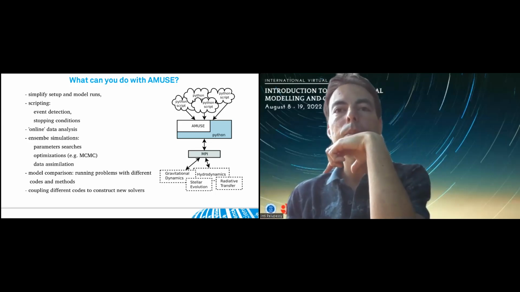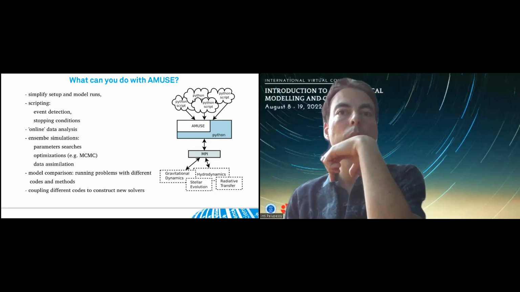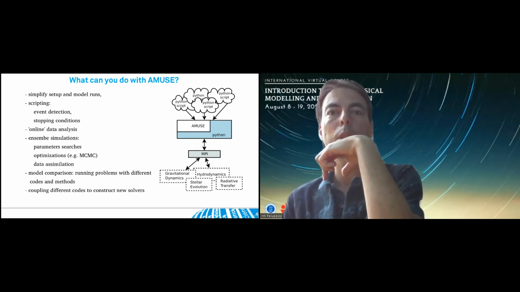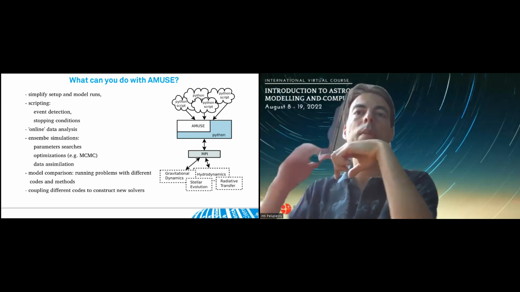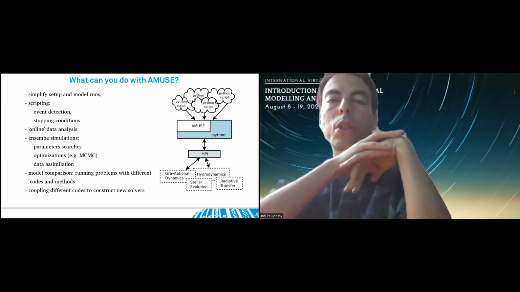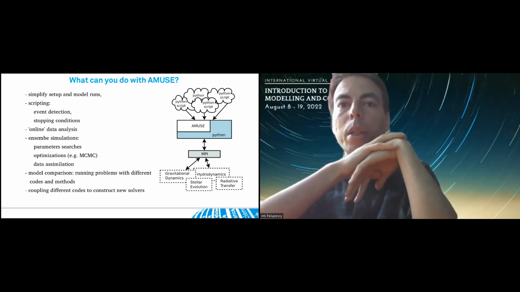Then it simplifies a lot doing ensemble simulations, because you can start up as many instances of a code as you want within your Python script, even if the code was not originally designed for that. And that simplifies parameter searches, optimizations, and things like data assimilation.